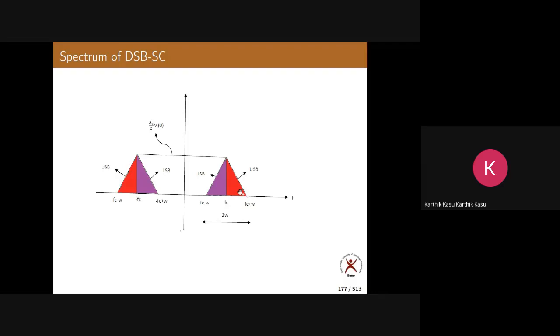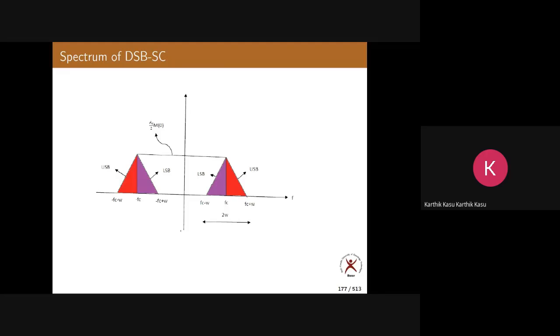Then it's called SSB, single sideband. First we take AM. In AM, we have one carrier and two sidebands. We know that the carrier is useless, so we have removed it. That is called DSBSC, which means you have two sidebands and no carrier. But the two sidebands carry the same information.